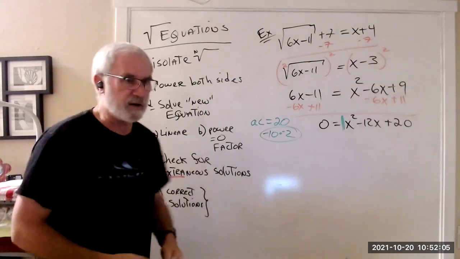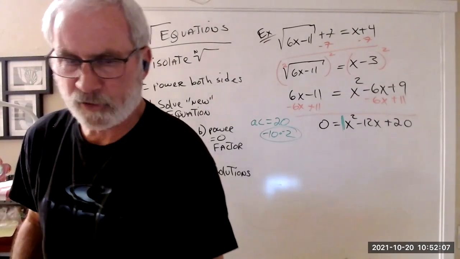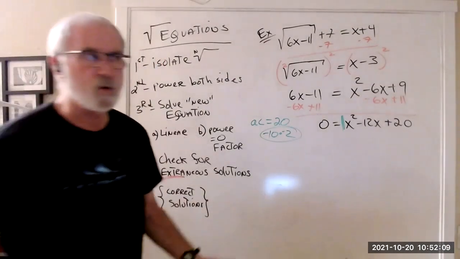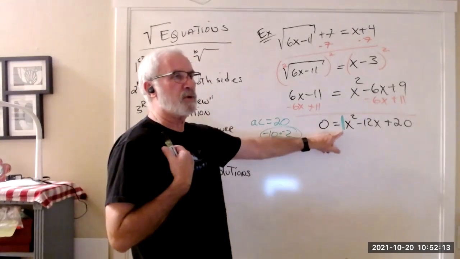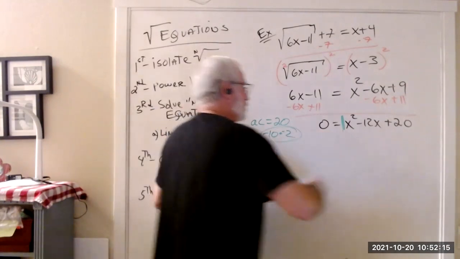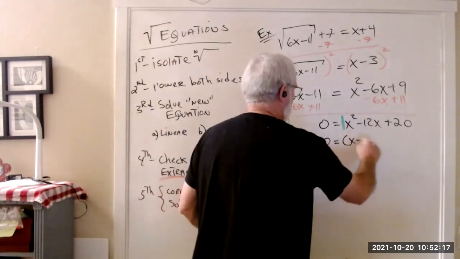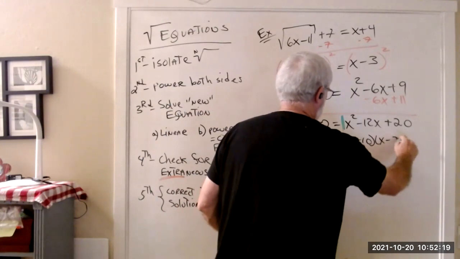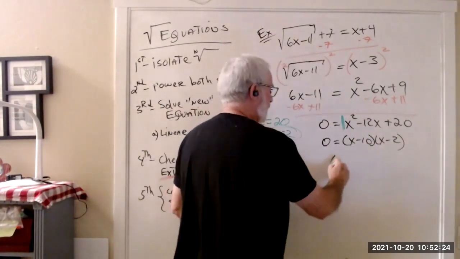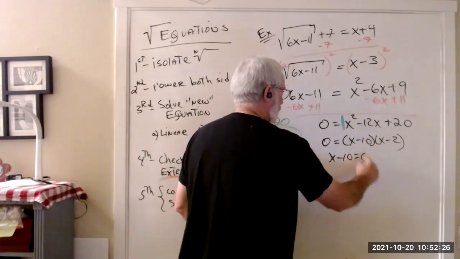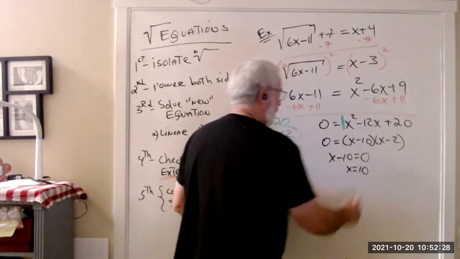Again, you can see how everything seems to come back to factoring. Factoring always is there. So remember, this was what I call a simple or an easy trinomial. So you could just go 0 equals x minus 10, x minus 2. You just use those. Split it up. X minus 10 equals 0, which means x is worth 10.